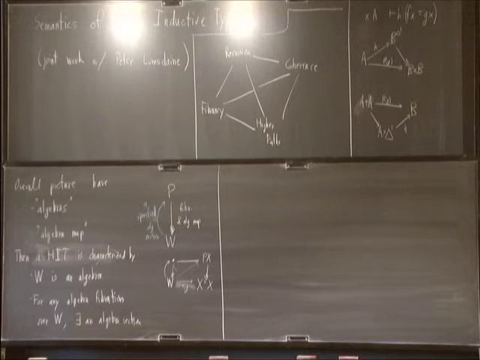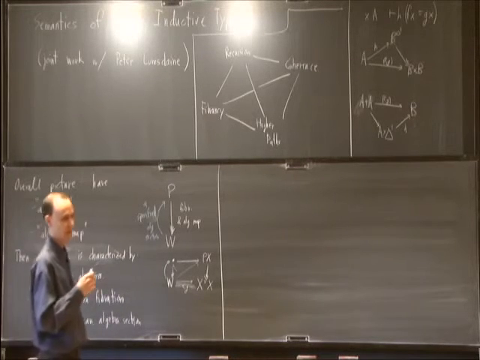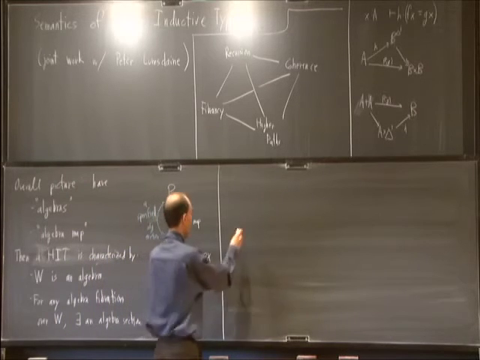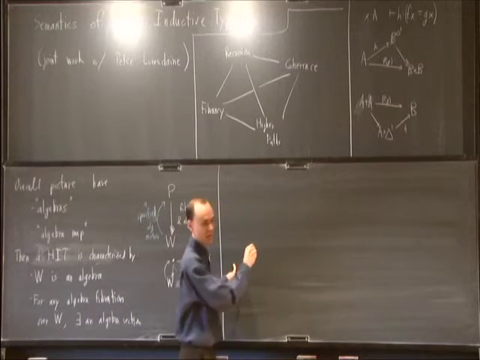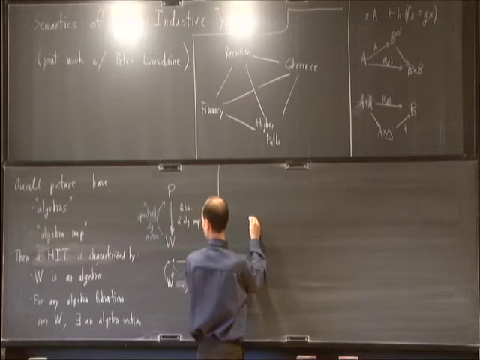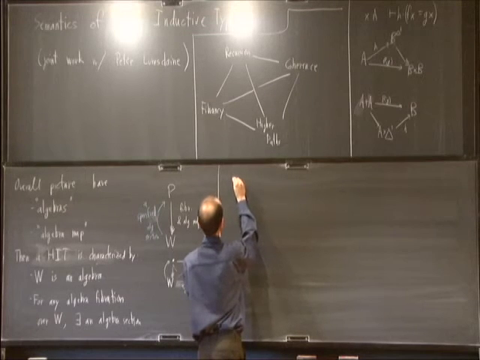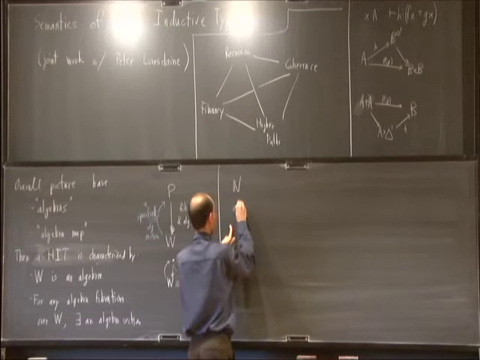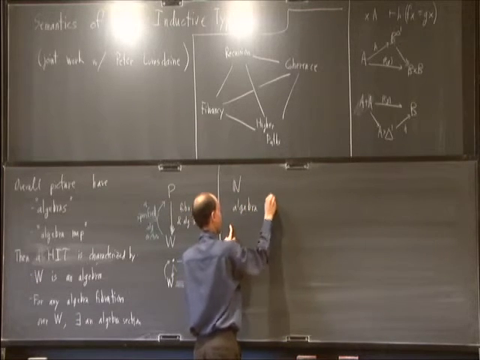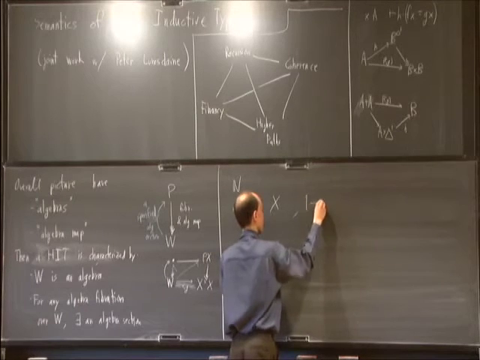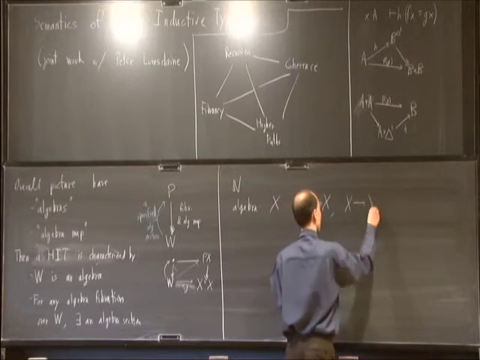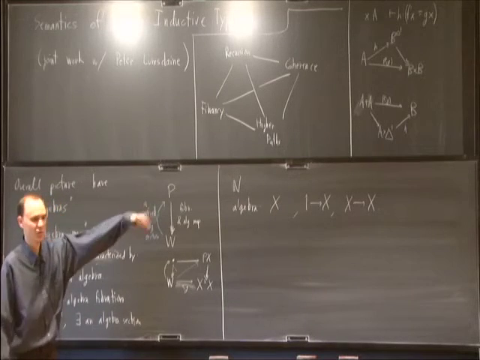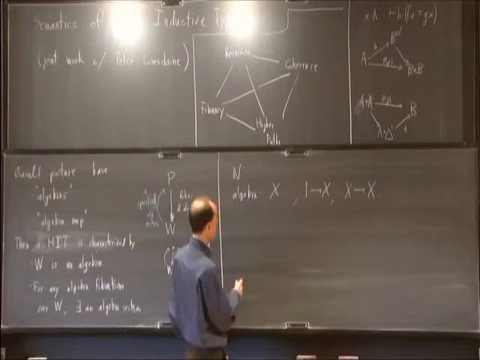Maybe the naive example is the natural numbers. For the natural numbers, an algebra is a type X together with a map from 1 to X and a map from X to X. An algebra map is a map which preserves this structure.